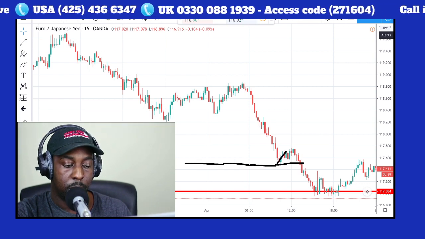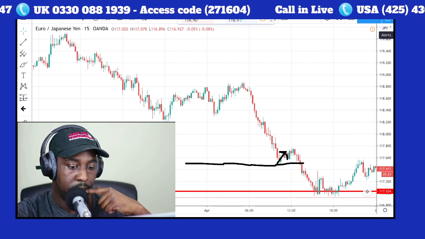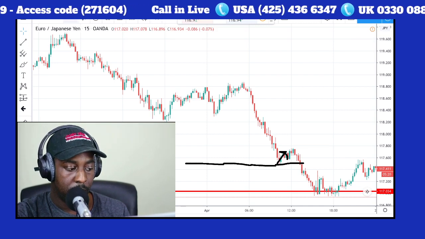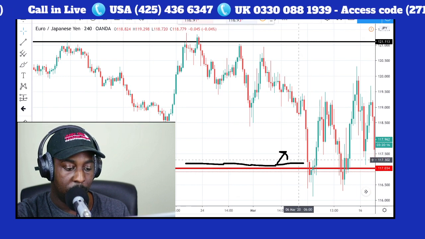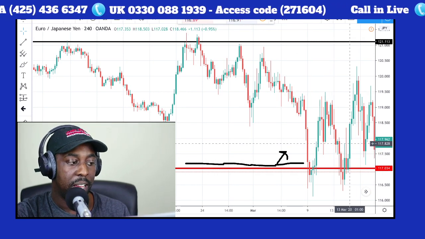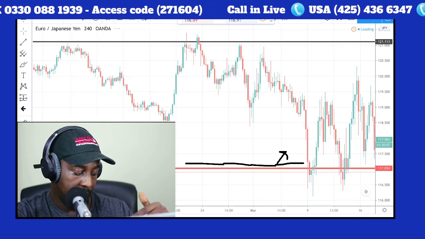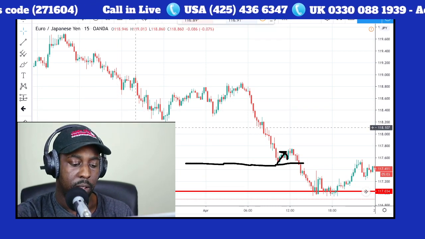Because we said previously, from the higher time frame, 117.50 looked like an area where price was bouncing from. So just bear that in mind. But is it a surprise that price pushed up in that region? No, it's not.